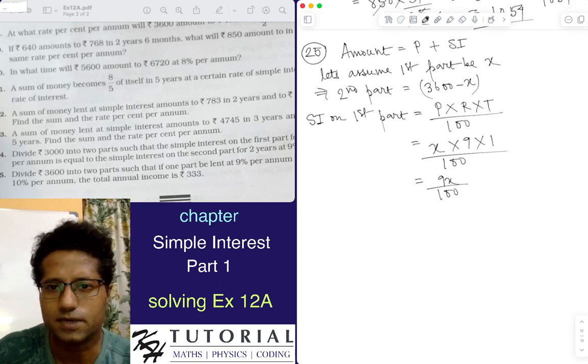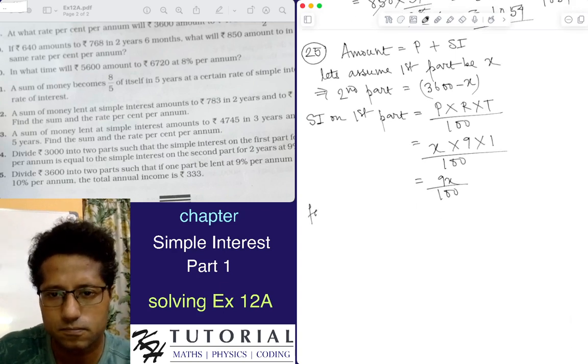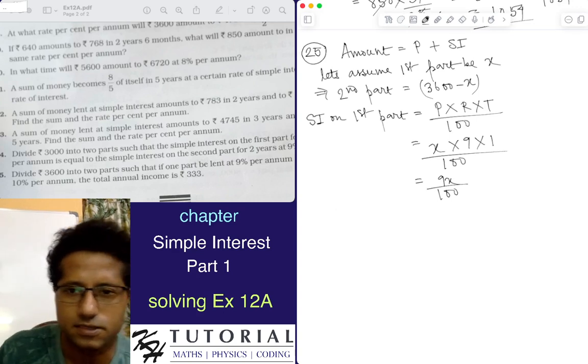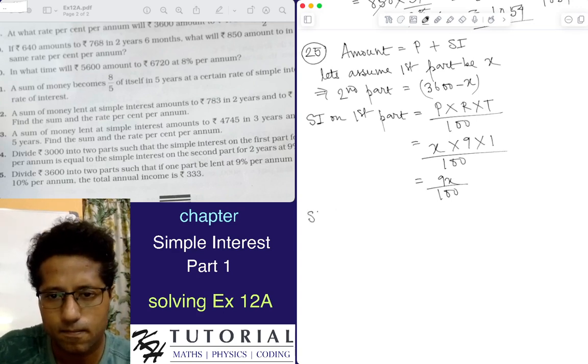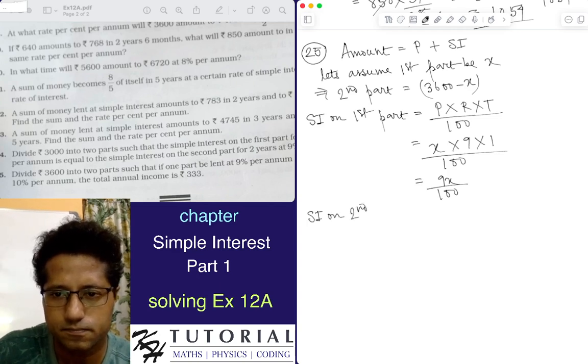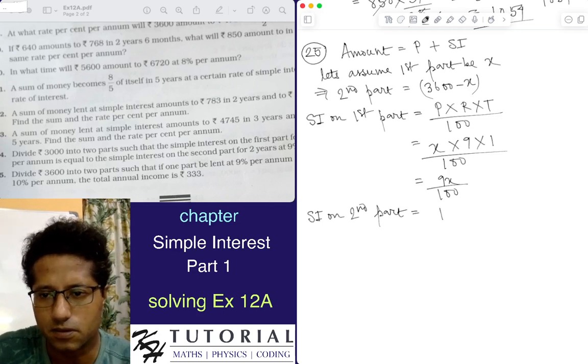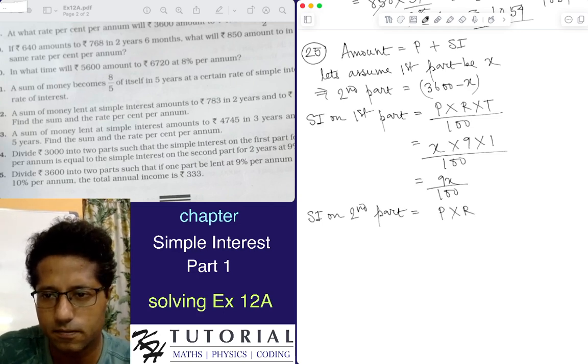Now for the second part, simple interest on the second part will be as per the formula PRT by 100. Now P, the principal, will be the other part, 3600 minus x.